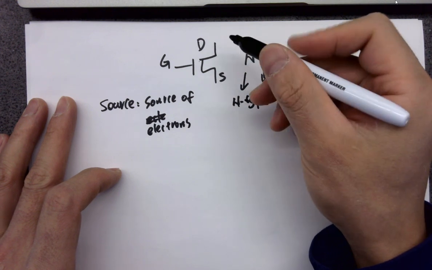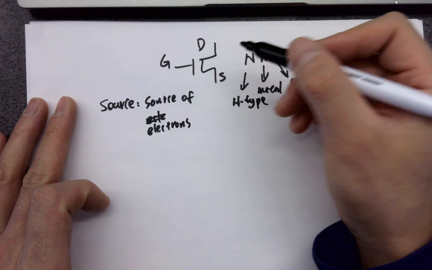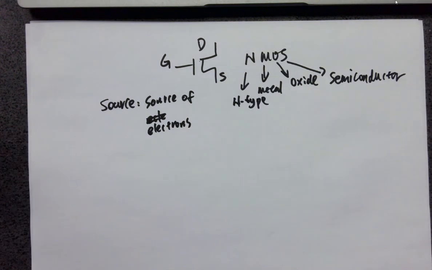So current flows from where to where? Drain to source. Right? So the voltage drop should be from where to where? Voltage drop. Come on. Electrons from source to drain. Okay? Current from drain to source.